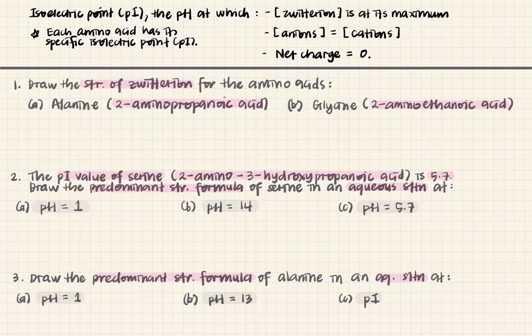At that point, your anion concentration is equal to the concentration of cations, and there is no net charge. It means there is no change, like in equilibrium, the rate of production and depletion is equal. Okay, remember from Semester 1? So that is called the PI, the isoelectric point. Okay, so different amino acids will have different PI.